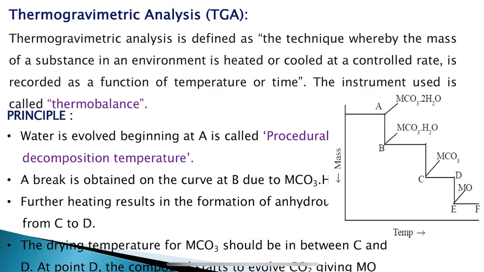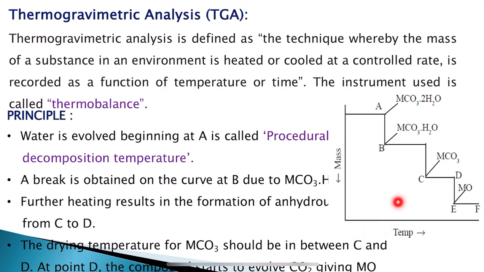The principle of the technique can be illustrated by a mass loss curve. Here you can observe how the mass of the compound, MCO3·2H2O, changes as the temperature increases. This is the initial temperature, which might be taken as 0.